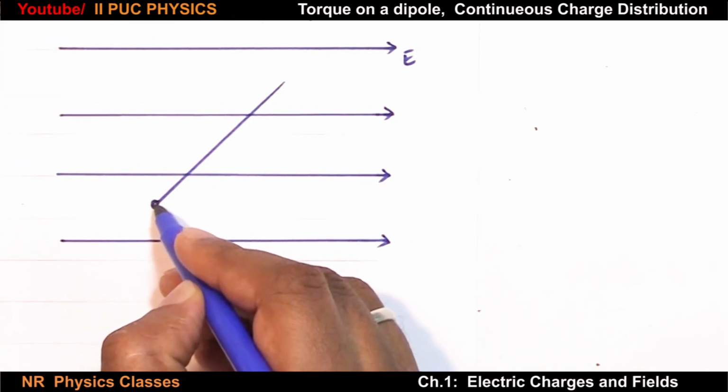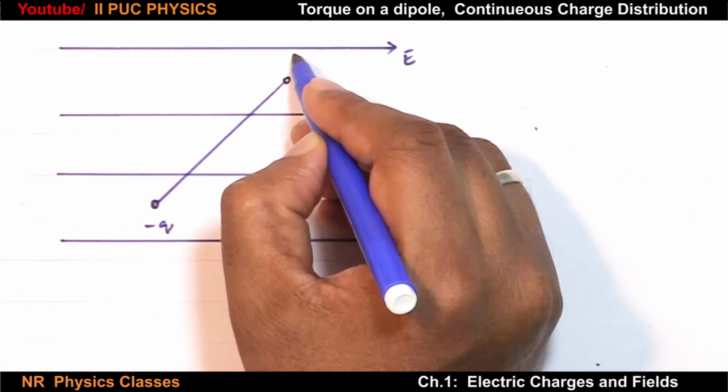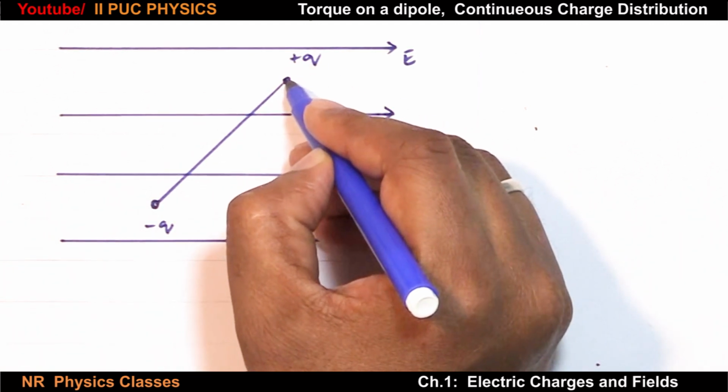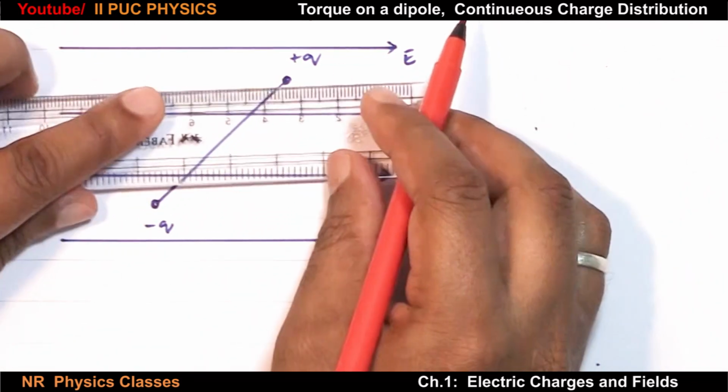This is minus Q and this is plus Q. Plus Q experiences force in the direction of the field.